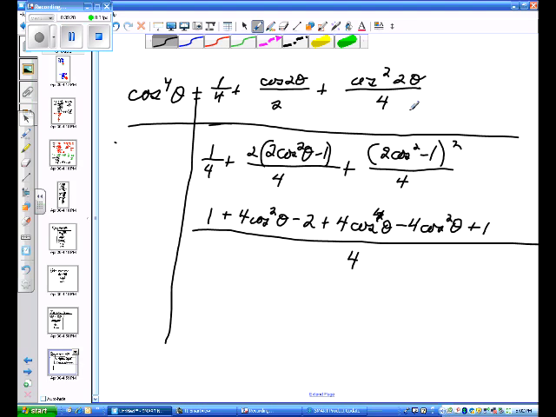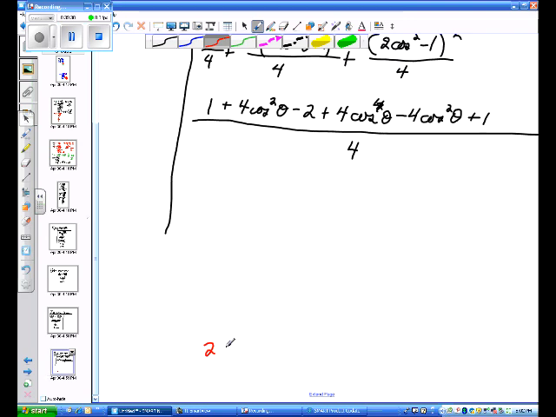And if you're in doubt on that, then go off to the side and do your multiplication. Let's just go down here and do it. 2 cosine squared theta minus 1 times 2 cosine squared theta minus 1.